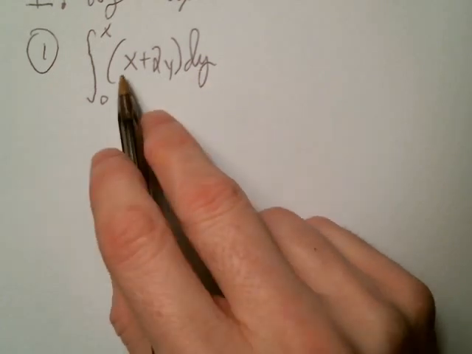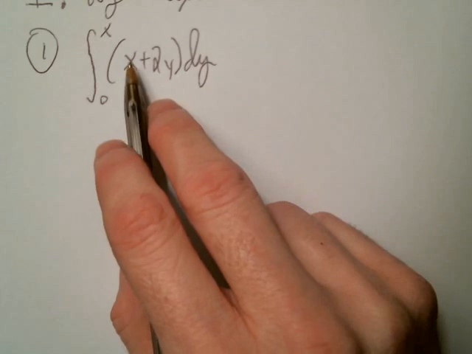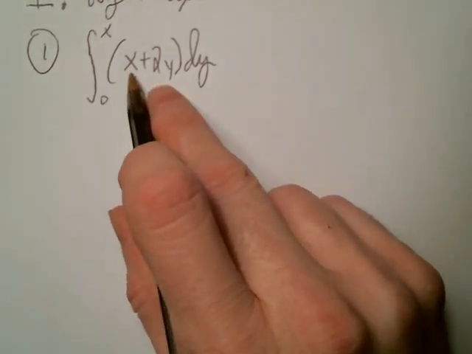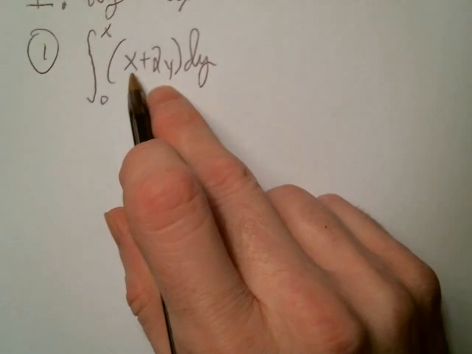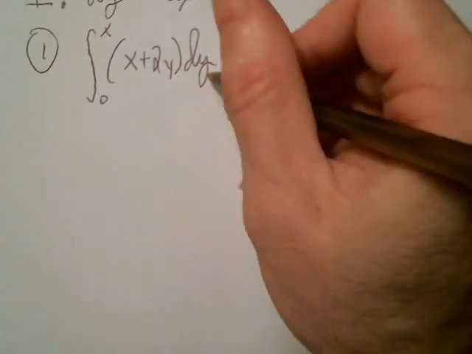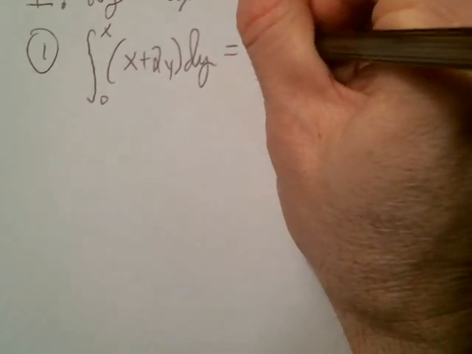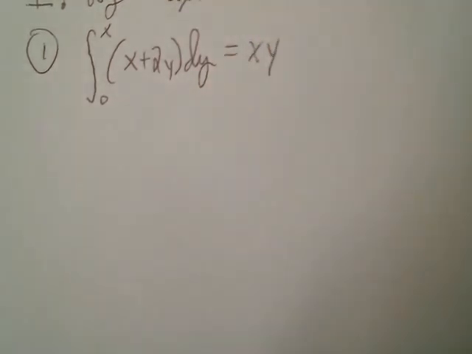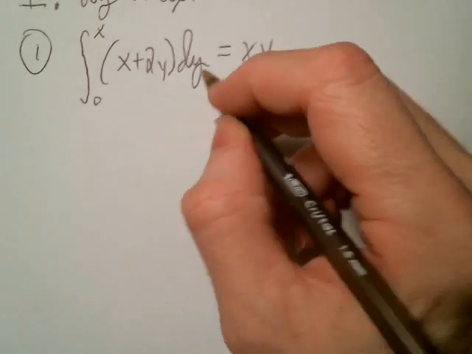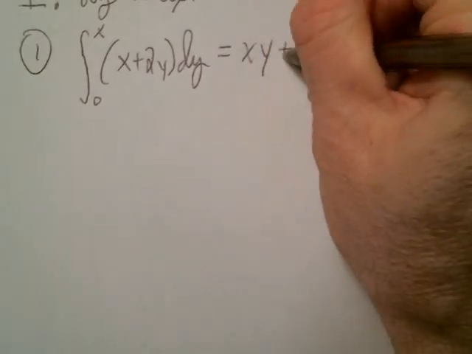And so I'll go ahead and treat this guy as a constant. So if I integrate this, you could think of it as if it was a constant like 3. Okay, if you integrate 3, you get 3y with respect to y. So if you integrate x, you get xy. Okay, and then you integrate this one, business as usual, right? So 2y squared over 2.